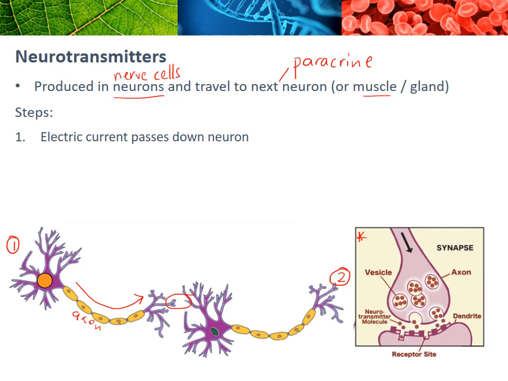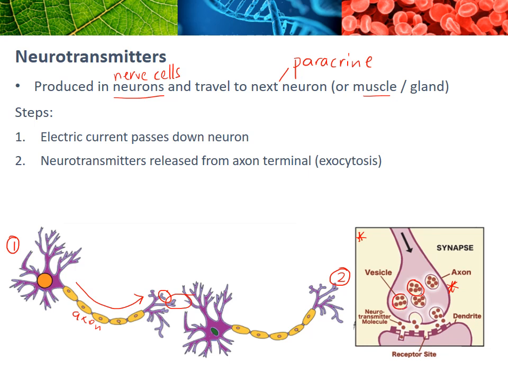Now, electrical signals can't jump from one neuron to the next. Okay, they can't conduct because there's a gap. So that's why we have neurotransmitters. So once this electrical signal gets down to the end here, to our axon terminal, which is shown here on that diagram, neurotransmitters are released. Okay, in this close-up, you can see there's these little sacs.